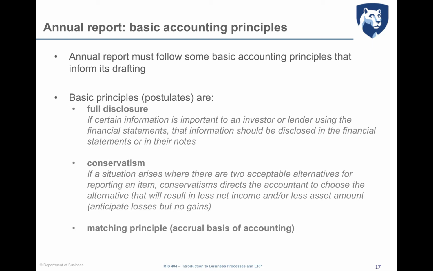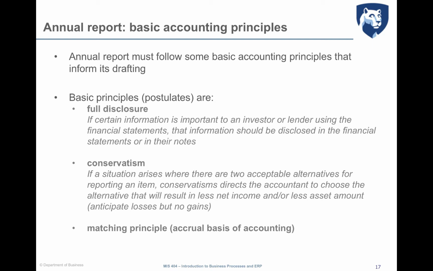In particular, when designing these annual reports, apart from the structure and these 5 pillars, these 5 typologies of documents, companies must follow also some principles. The first one is called the full disclosure principle, stating that companies are obliged to include information in the reports only if this information is important to an investor or a lender using the financial statement.